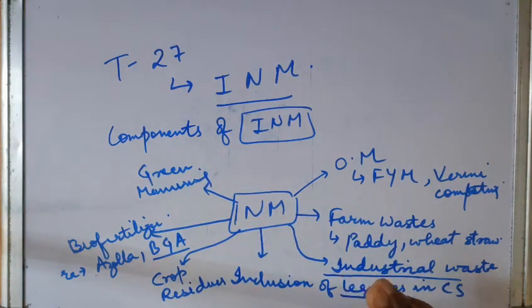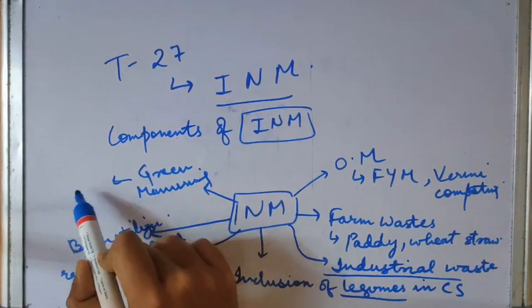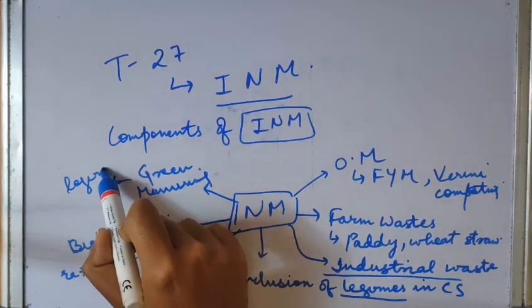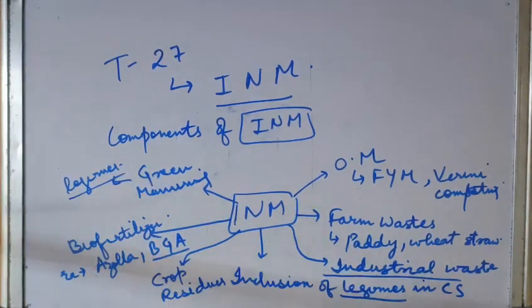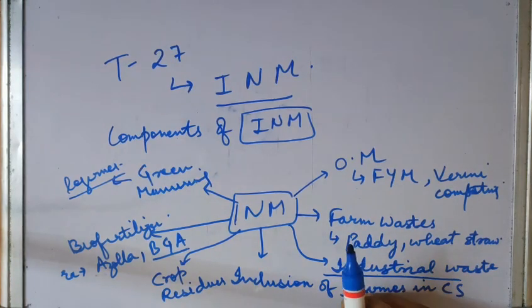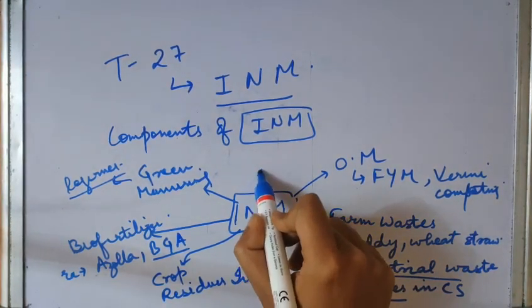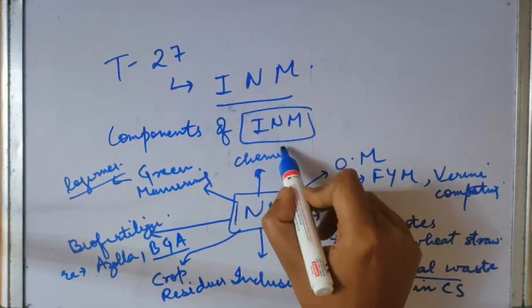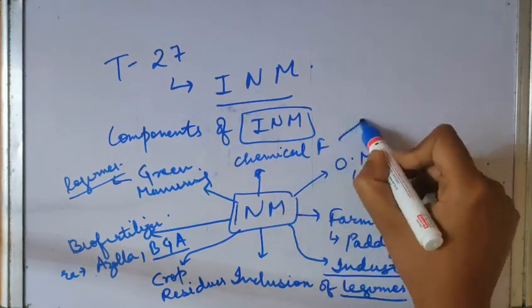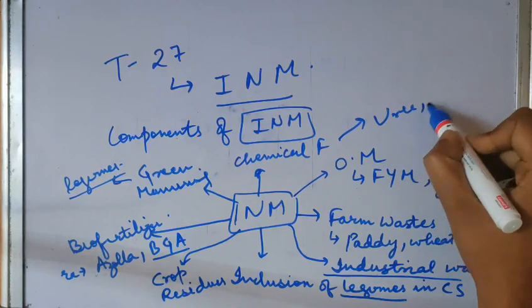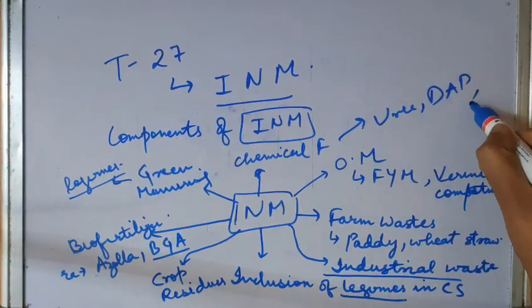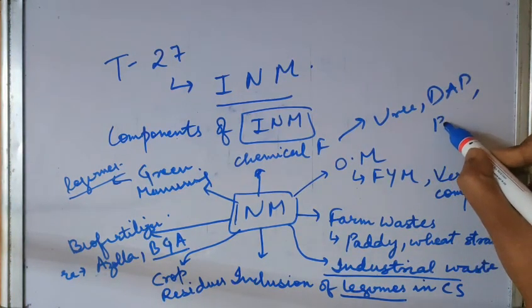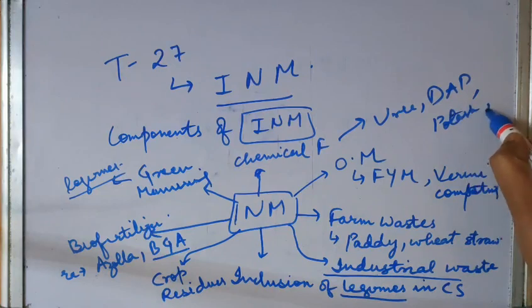Here also we use legumes and non-legumes both, and in some amount we also use chemical fertilizers. Example urea, DAP, potash, SSP, etc.